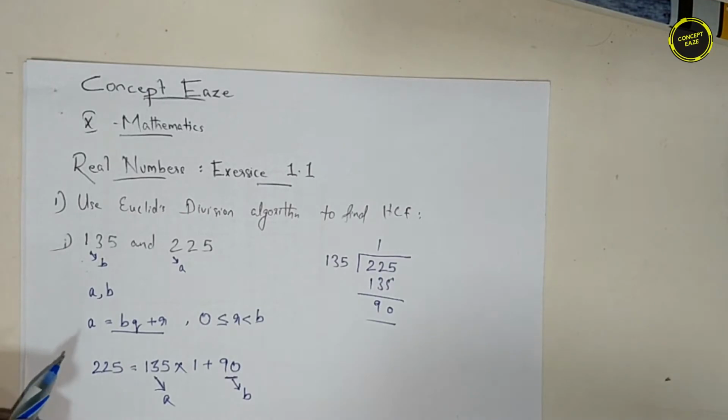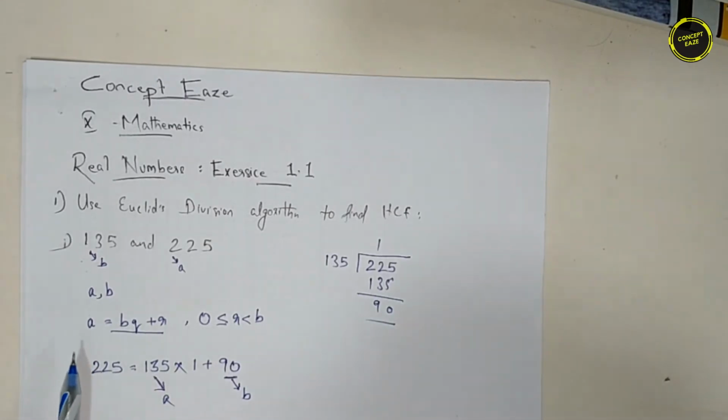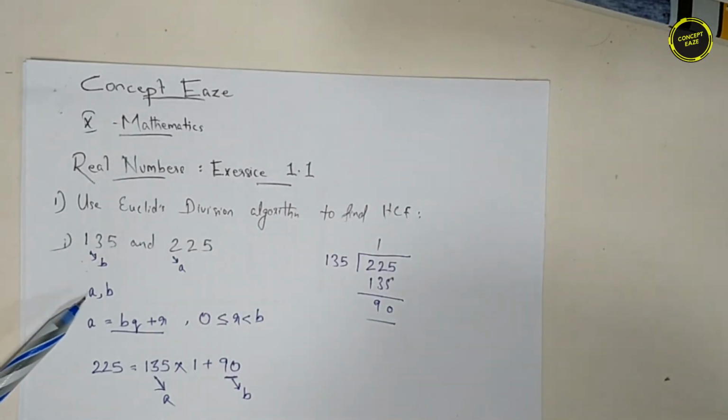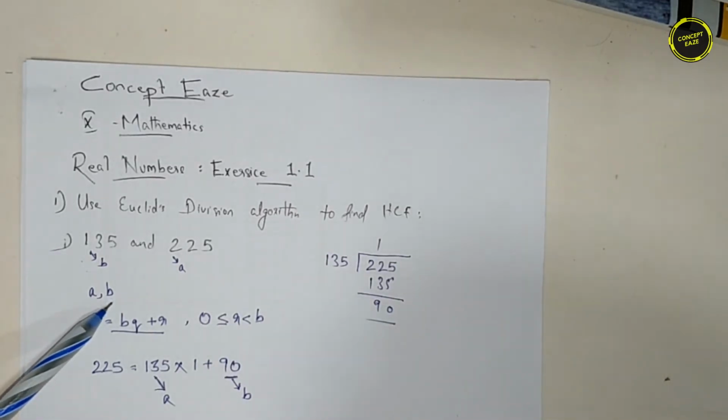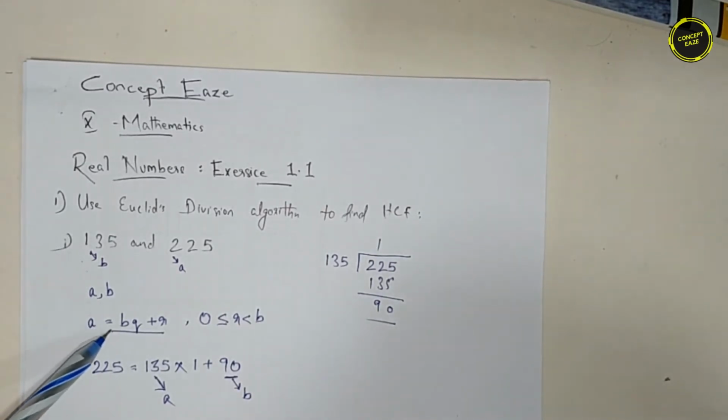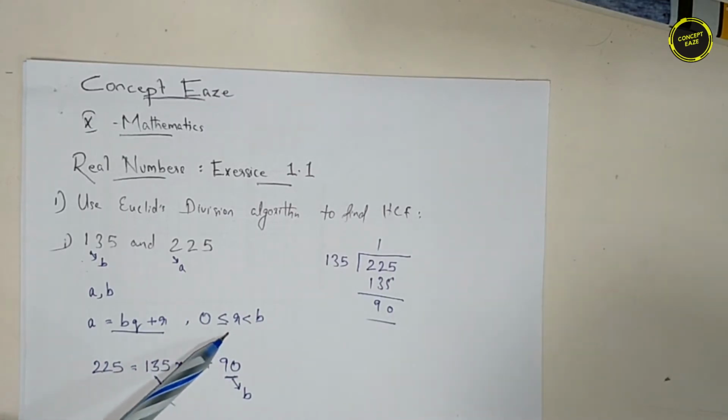Let's have a small recall of the last class where we studied Euclid's division lemma. It states that if you have any two positive integers a and b, then you can express it as a equals b q plus r, where 0 is less than or equal to r, less than b.